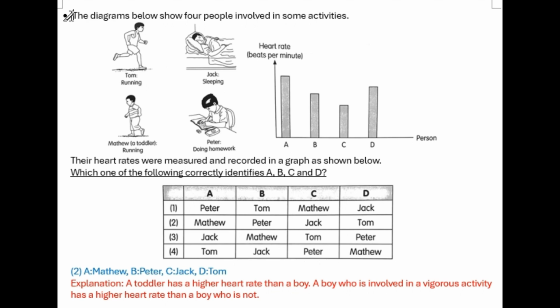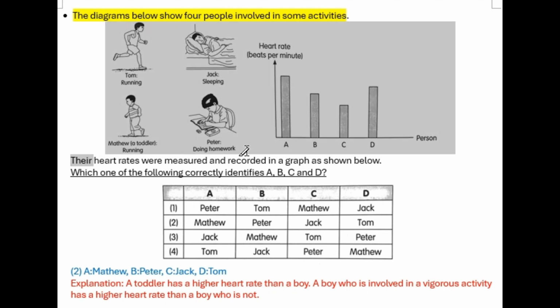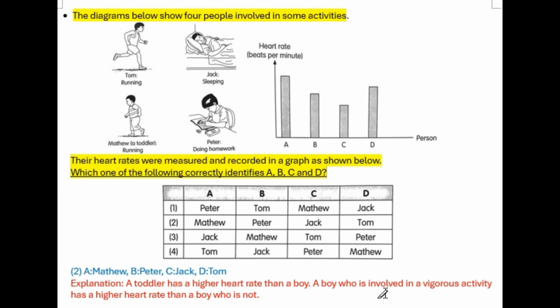The diagrams below show 4 people involved in some activities. Their heart rates were measured and recorded in a graph as shown below. Which one of the following correctly identifies A, B, C, and D? 2.